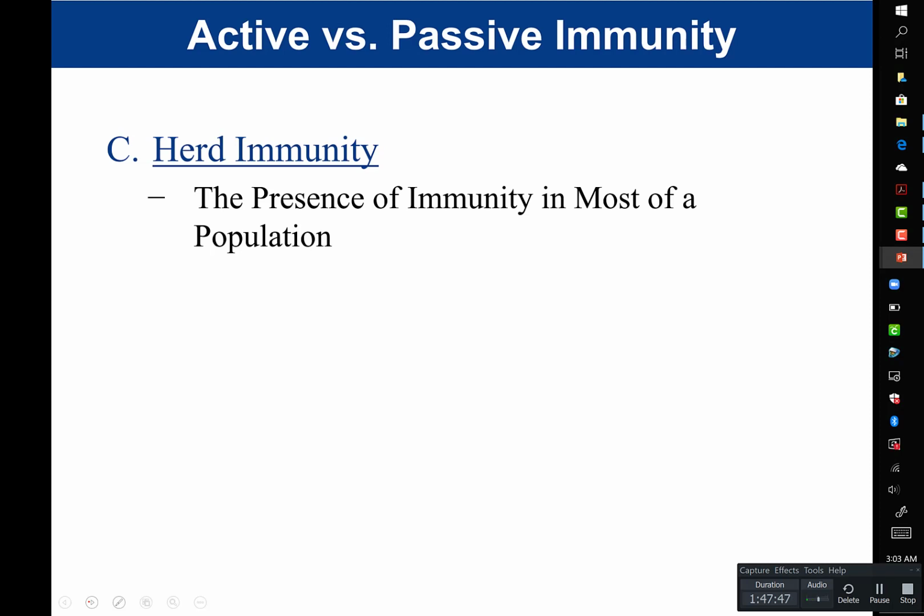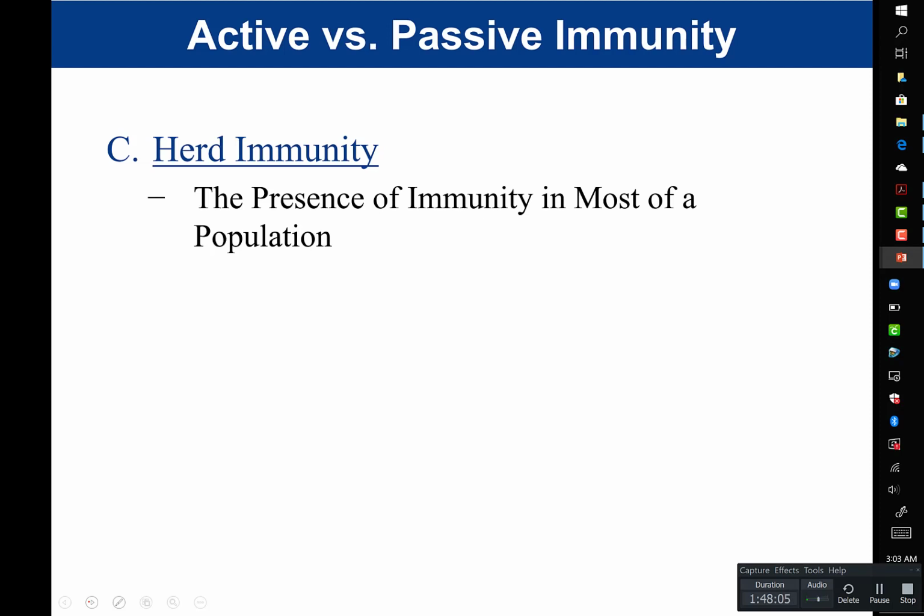But we need at least, on estimates, 66% of the population to be protected in order for us not to have this increase in the number of cases.